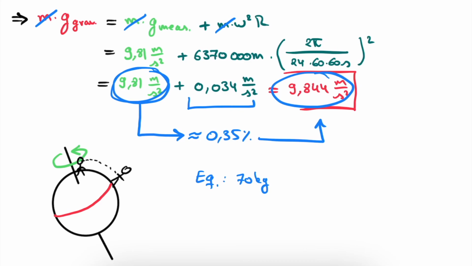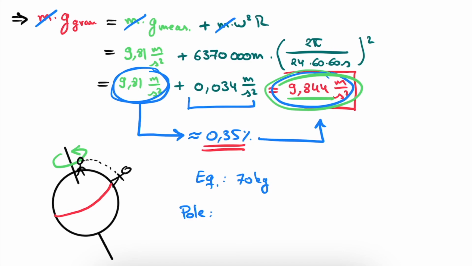Well, let's remind ourselves that at the North Pole, you're actually not rotating because it is exactly at the North Pole that the rotational axis crosses the Earth's surface, and thereby there is no rotation on the surface of the Earth at both of the poles. This means that at the North Pole, the gravitational acceleration is only the acceleration due to gravity, which we have calculated to be 9.844 meters per second squared, which is an increase of 0.35%.